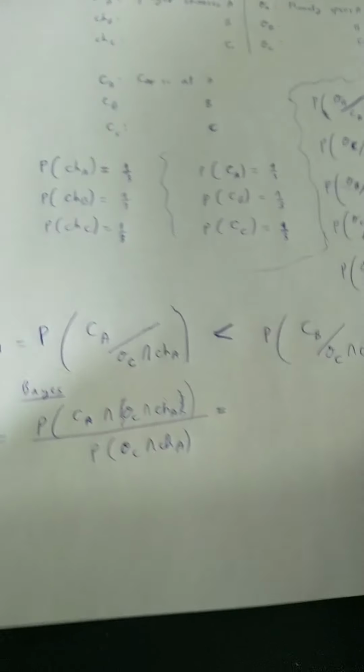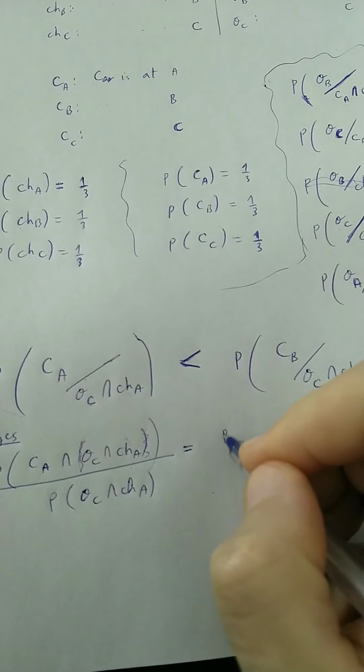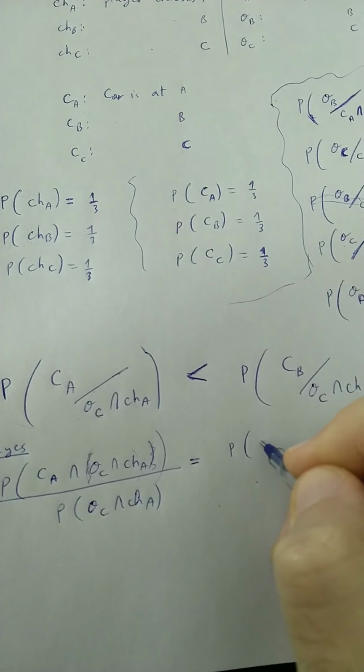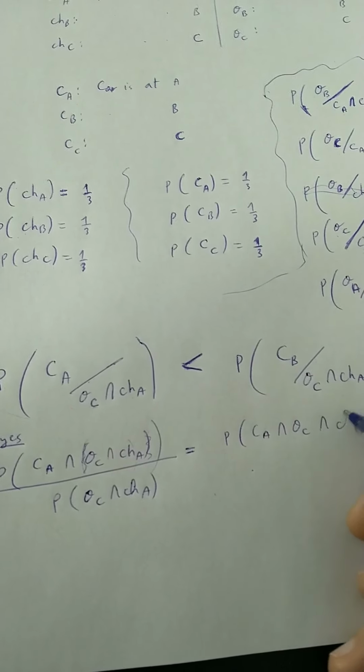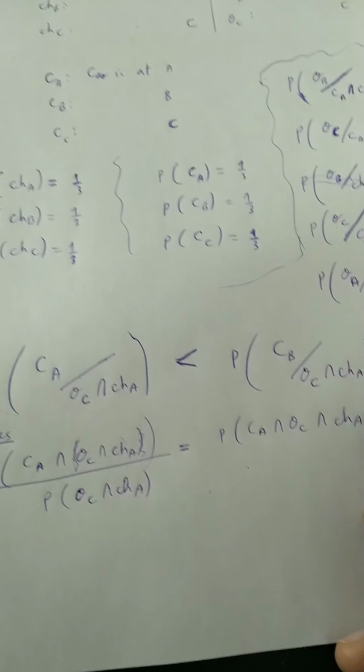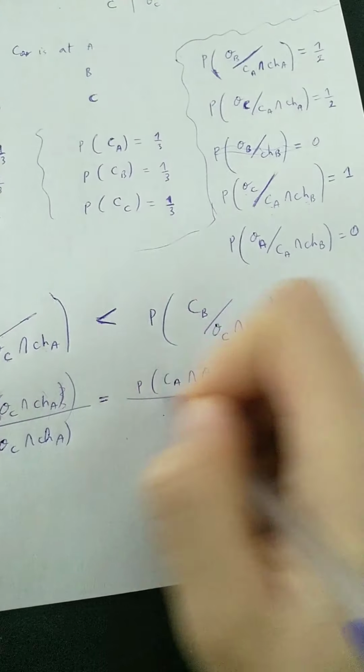Which can be put slightly in another way. Probability that CA and OC intersection CHA over the denominator.